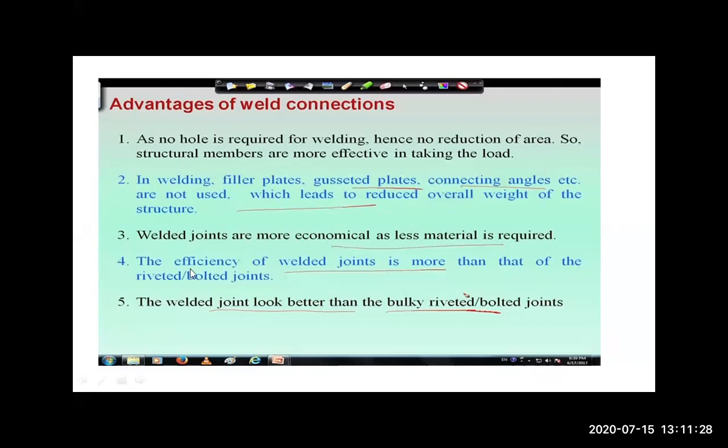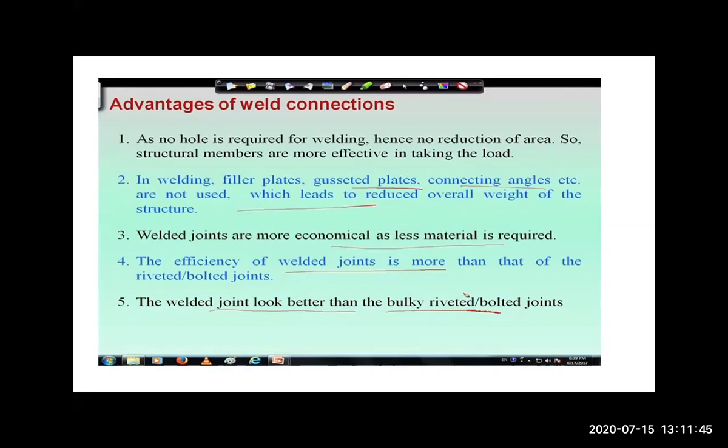Now the second advantage: in welding, cover plates, gusset plates or connecting angles are not used. It means we can directly join two main plates.